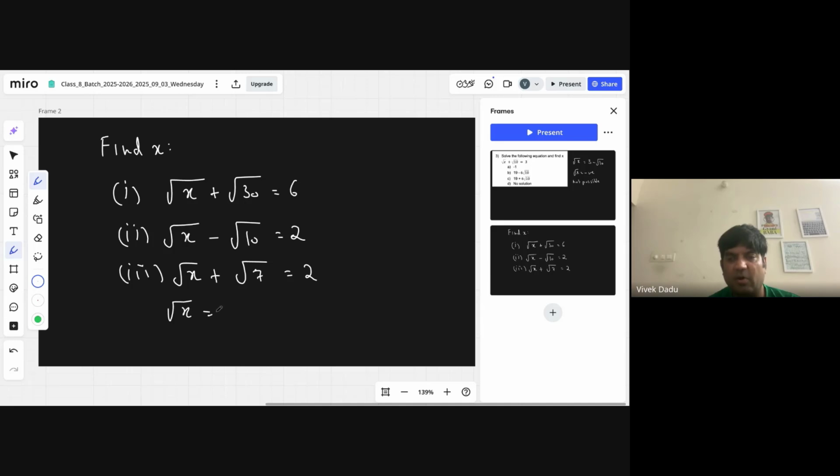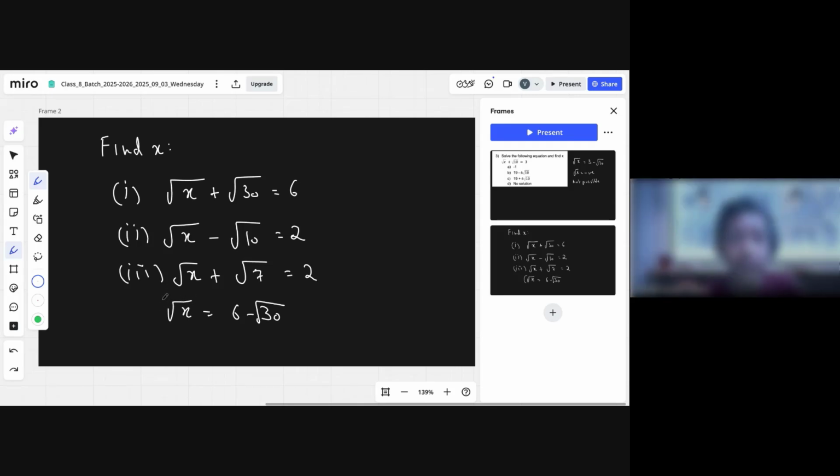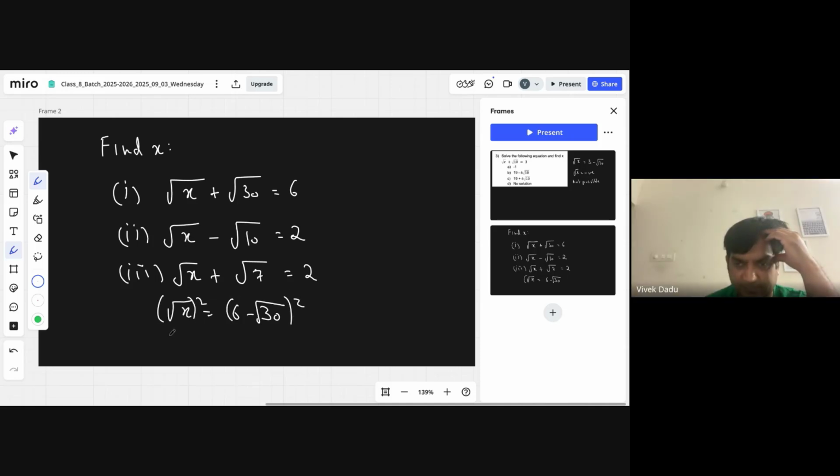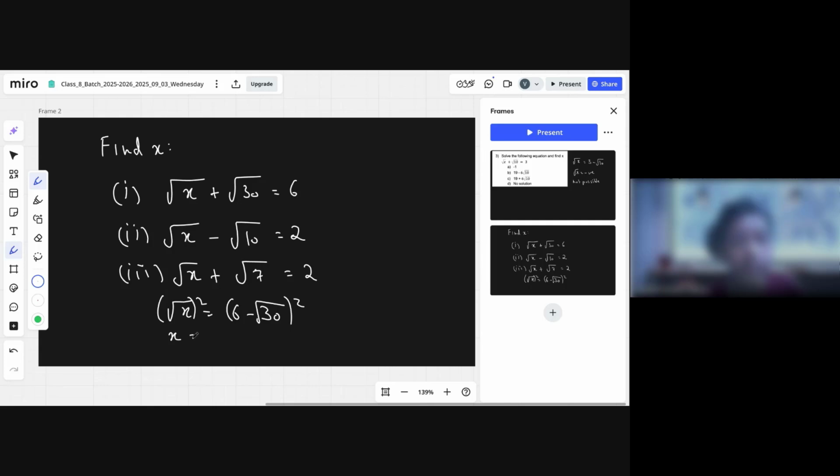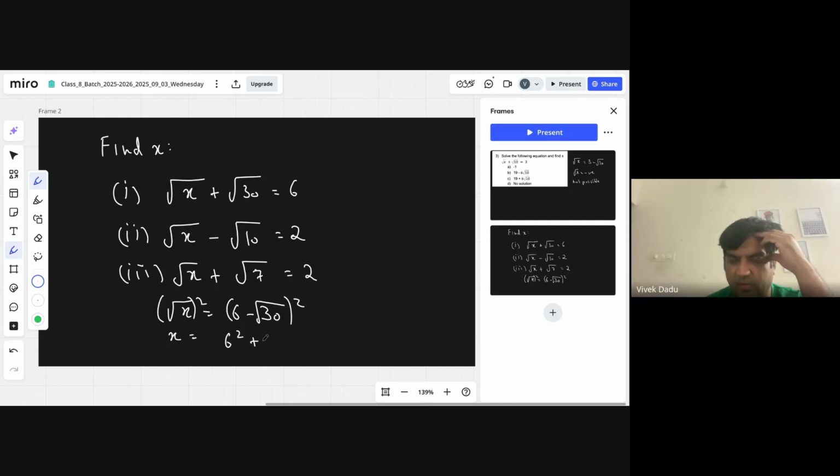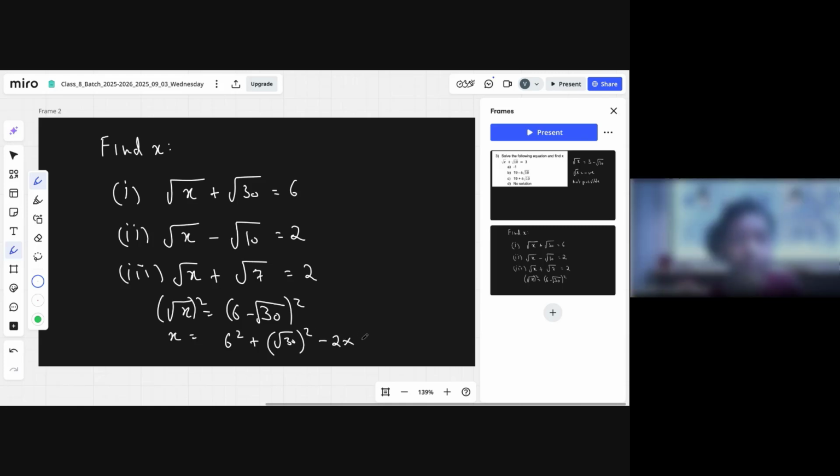So first of all, you understand, is it a valid solution or no? Yes, sir. It is valid. Now square both sides. Left side, what will you get? Sir, x. Right side, 6 minus root 30, square. So minus 2 into 6 into root 30.